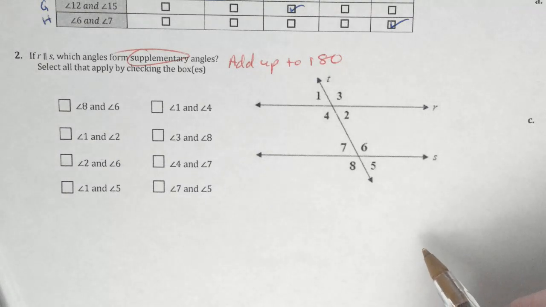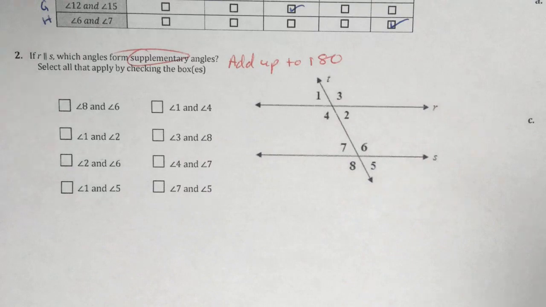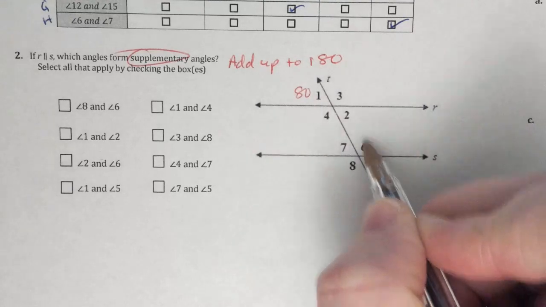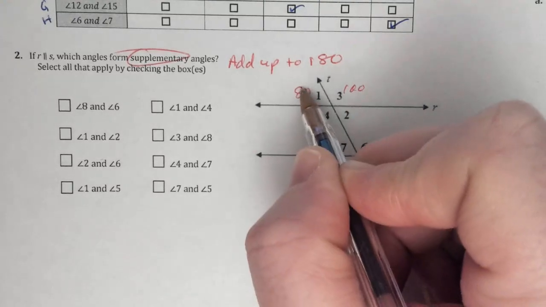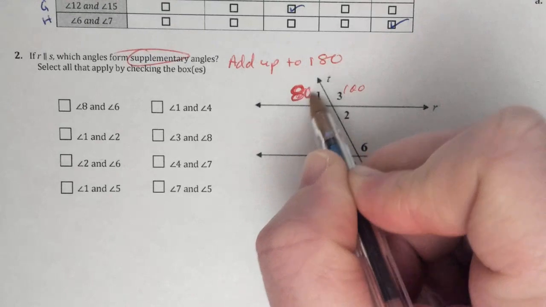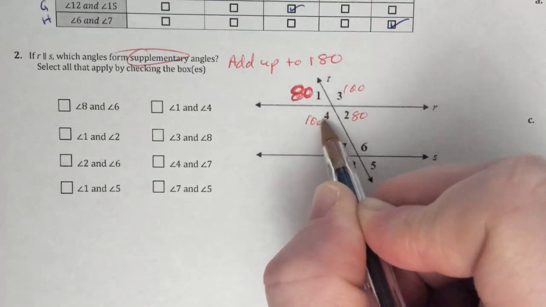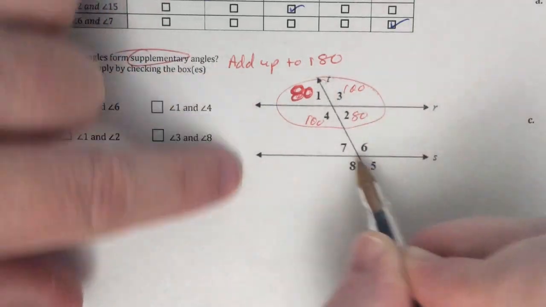Now, if I say linear angles or a linear pair, that'd be something different. So we're just going to make something up. Let's say that this was 80. This would be 100 then. If I knew that this was 80, just making this up, then this would have to be 100.